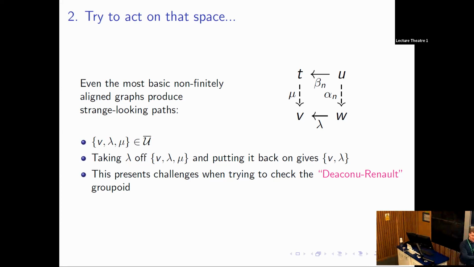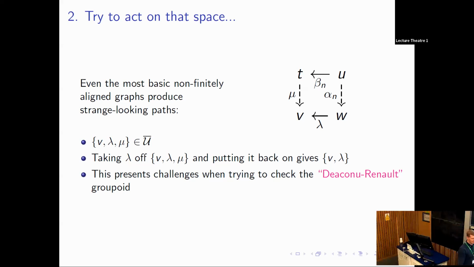But that's on one side of the equation. Since we've got all these identifications happening, beta n mu was really always an alpha n lambda, so I get the lambda jumping in at the same time. So that sequence of ultrafilters converges to this set v lambda mu, that bottom corner, the spine of the book. But that's not directed. Lambda and mu don't have a common extension, so it's not a filter anymore. So this closure of the ultrafilters gives us non-filters to play with.